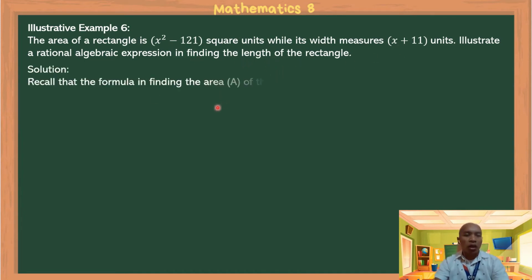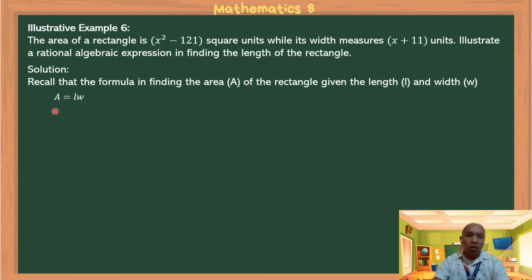So take note, in finding the area of the rectangle, given the length and the width, the formula would be area is equal to length times width. So if we are going to derive, since what we are looking for here is the formula in finding the length, so this is given and this is given, we want to isolate L on the right side of the equation. So what we are going to do is divide both sides by W, or the width.